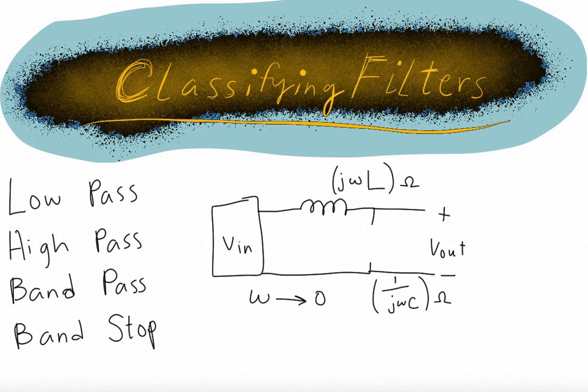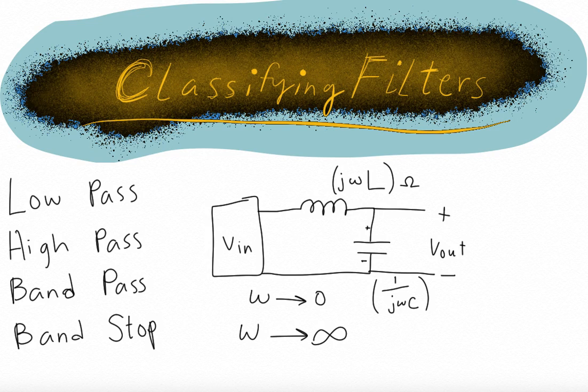Then you're just left with V out being the same as V in, because voltage is the same in parallel. This became a shorted wire, so V out and V in are the same, and therefore the low frequencies pass through. Now let's take a look at high frequency.